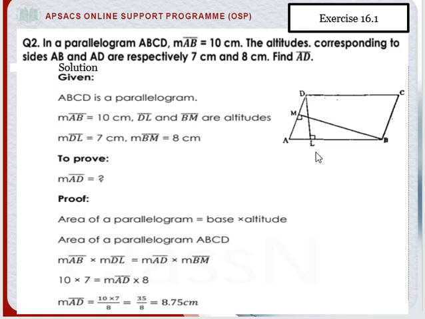In this figure, the area of parallelogram ABCD is equal to measurement AB multiplied by measurement DL, which is equal to measurement AD multiplied by measurement BM.